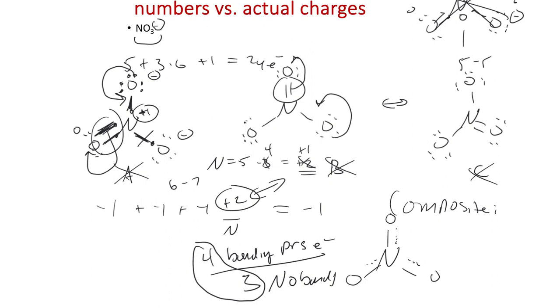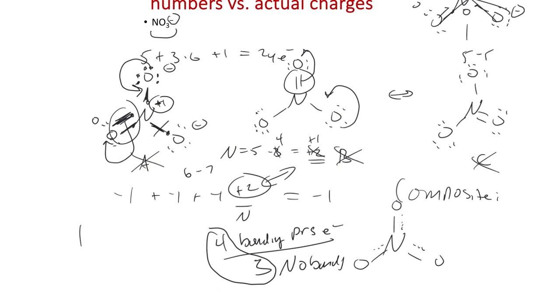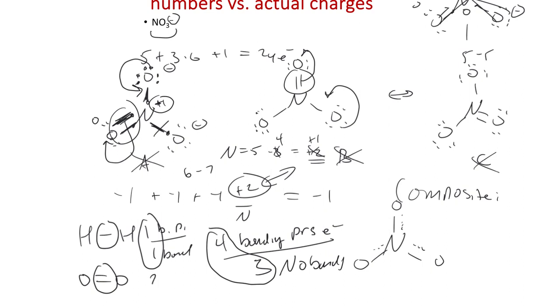Now let's step back for a minute and make sure that we picture what a single bond is. A single bond is sharing one bonding pair, and one bonding pair is 2 electrons. So we're sharing one bonding pair across one bond. A double bond is sharing 2 pairs of electrons, so I have 2 bonding pairs of electrons spread across the 1 OO bond.